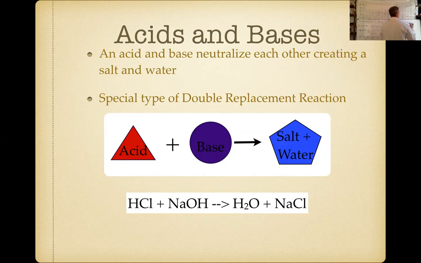So you end up with, on this side of the reaction, H2O, okay? H2O because it's HOH. Like the H goes here with the OH, and it makes HOH. That's the same thing as H2O. But then you also have NaCl.